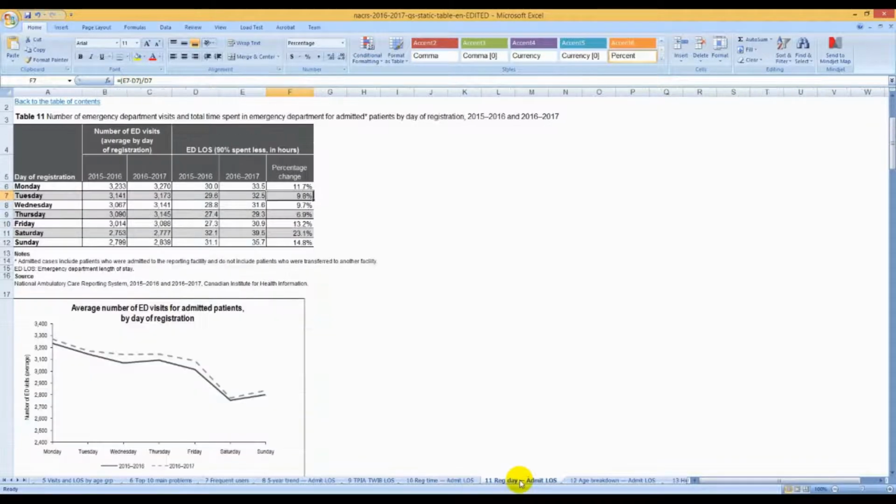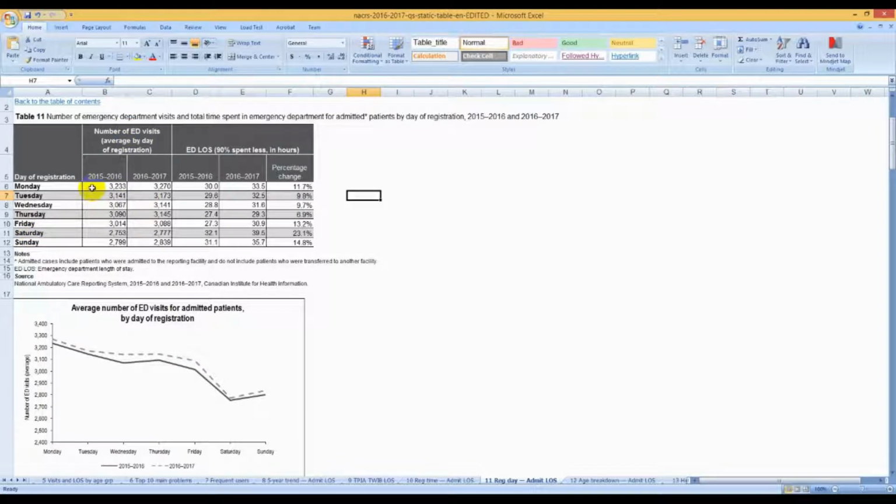We go to table 11. Table 11 is the number of emergency department visits and total time spent in the emergency department for admitted patients by day of registration, from Monday to Friday plus weekends. Here is a summarized view of the number of ED visits.